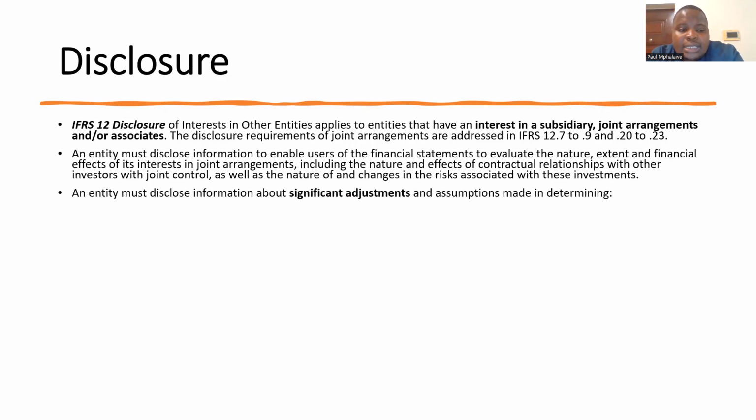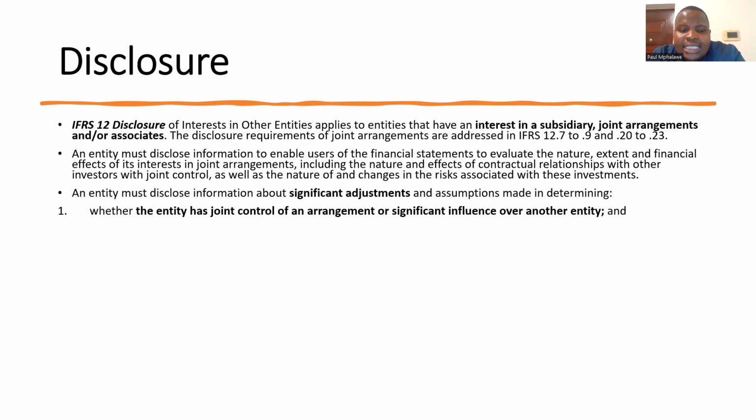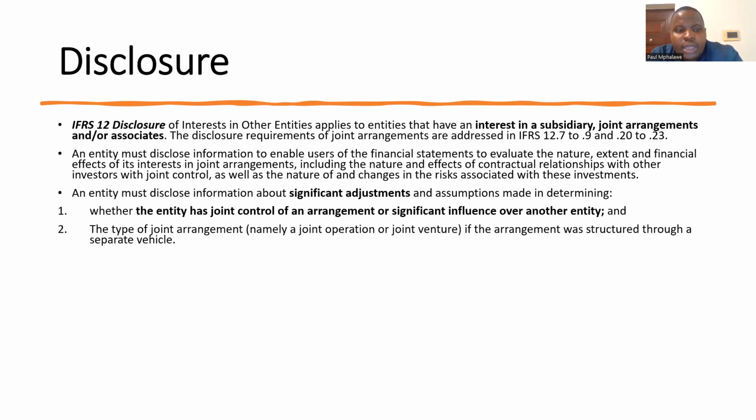And also an entity must disclose information about significant judgments and assumptions made in determining, number one, whether the entity has joint control of the arrangement or significant influence over another entity. Number two, the type of the joint arrangement that is there.